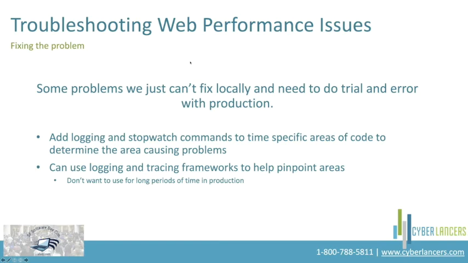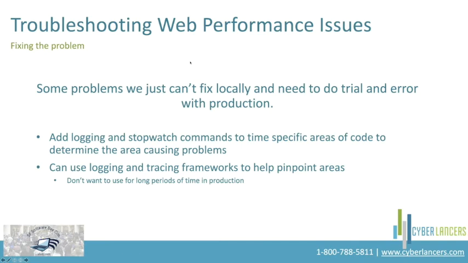I had an issue a few weeks ago where we had an application in production that, as we ran it locally, we didn't seem to have any issues, but once it was in production, all of a sudden the application took 2 to 3 minutes to launch. So trying to figure this out, we were able to look at some of the existing logs that we had and narrow it down.